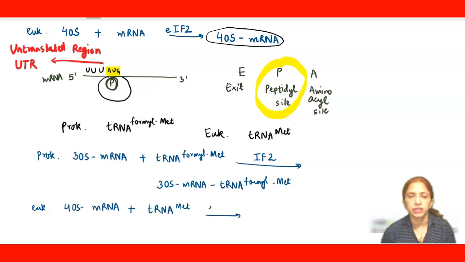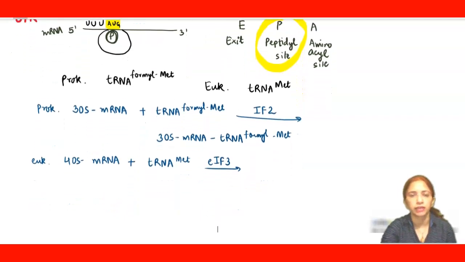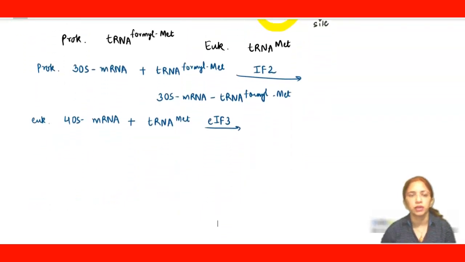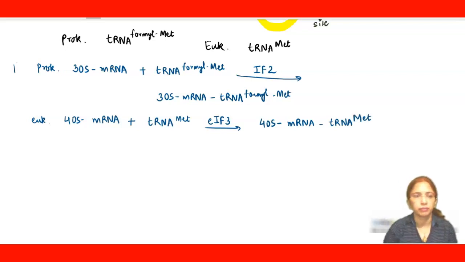So this is the IF3 which is going to help in this process, and at the end of it, all these components will be united together. As a result, 40S will be united to messenger RNA, and this will be attached to transfer RNA which has brought methionine. Right? So remember, this is the step which is happening in the prokaryotes, and this is the second step which is happening in the eukaryotes.